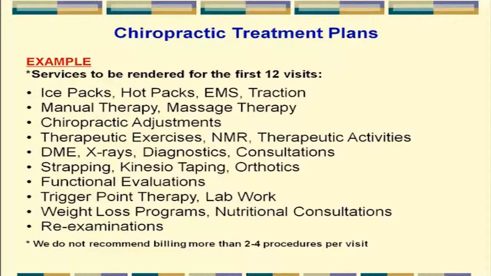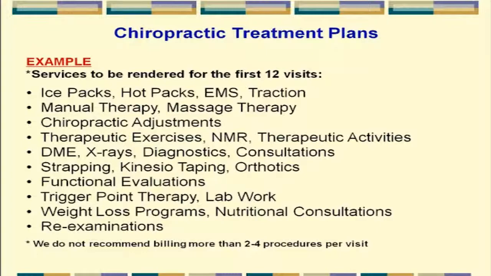Also, when it comes to some of these therapeutic procedure codes like therapeutic exercises, neuromuscular reeducation, therapeutic activities, these are time-based codes. Check all the carriers that you bill to make sure you are complying with their rules and guidelines on the time-based codes.